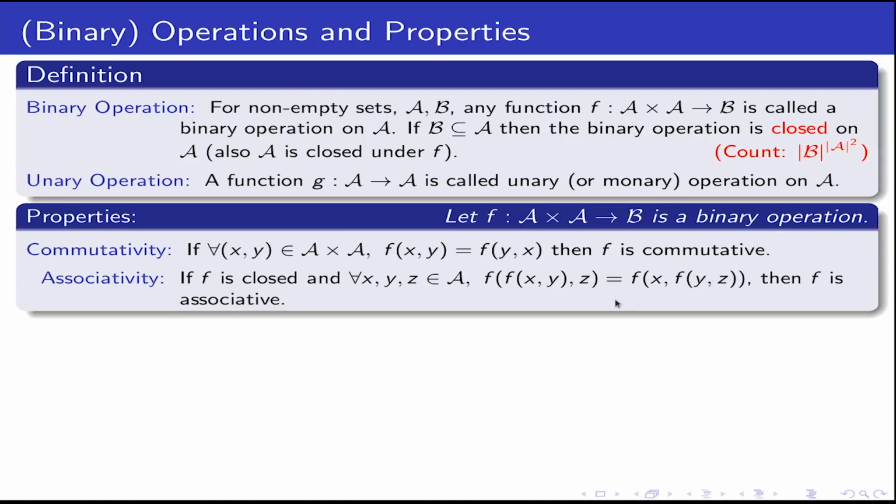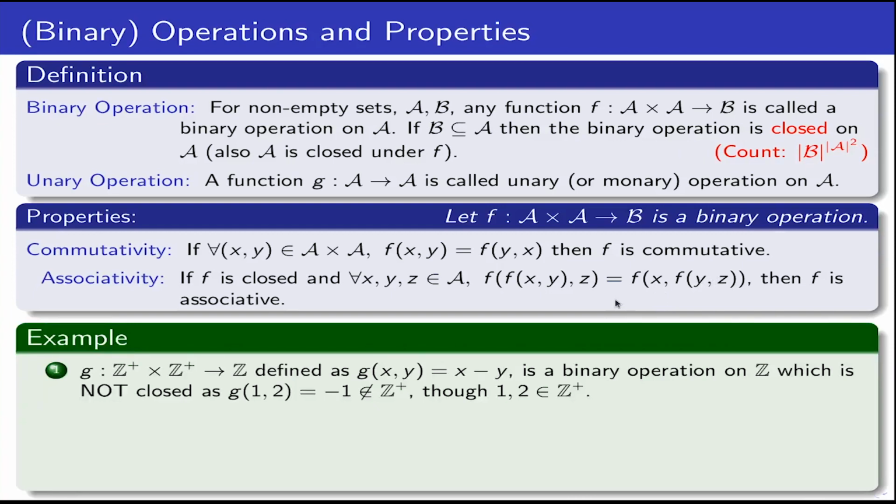Okay, so here are some examples. x minus y is definitely not closed, because 1 minus 2 equals minus 1. This is from Z plus cross Z plus to set Z. So x and y are positive integers, and the output is in set Z, which is okay because it could be positive or negative.